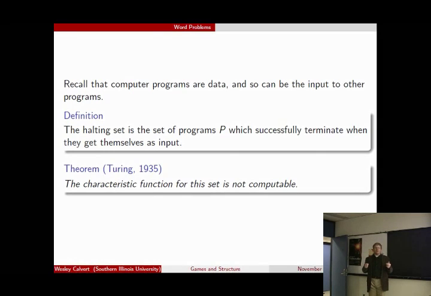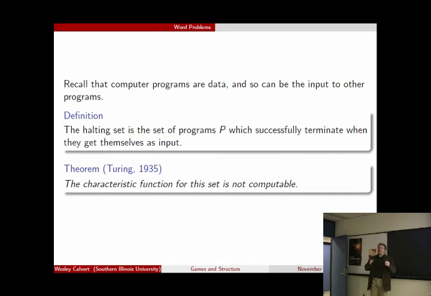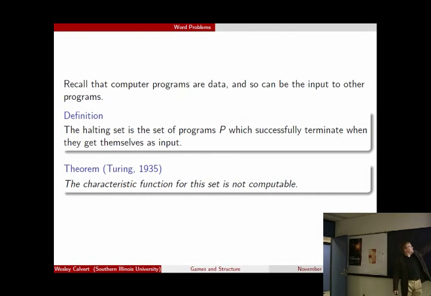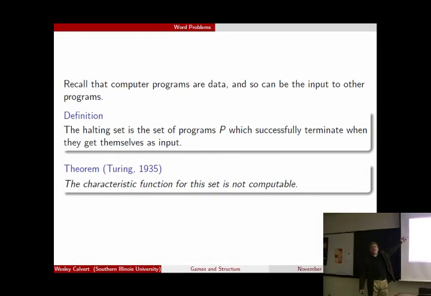And it doesn't start working again, so you wait a little longer. And if it ever does start working, then you'll know that it started working again. But you never know for sure that it's not going to start working again. That's exactly the problem here. You don't know if something is going to terminate if you wait just a little longer. So that's the benchmark for negative solutions.